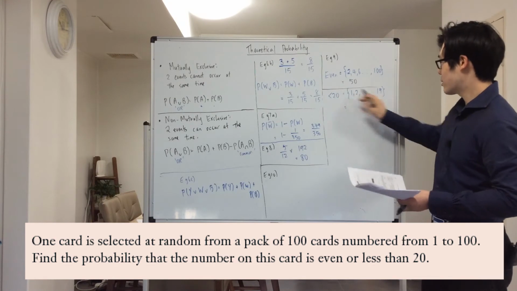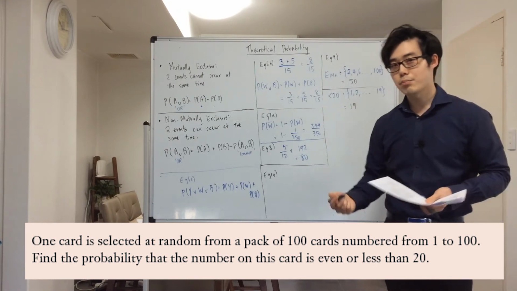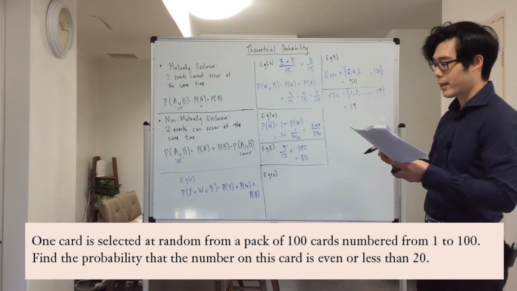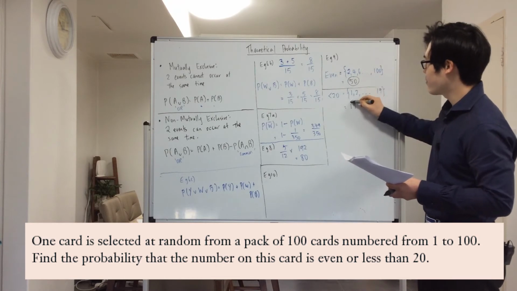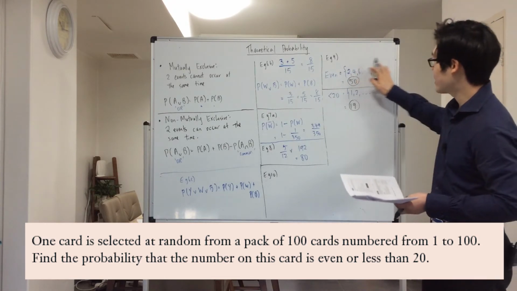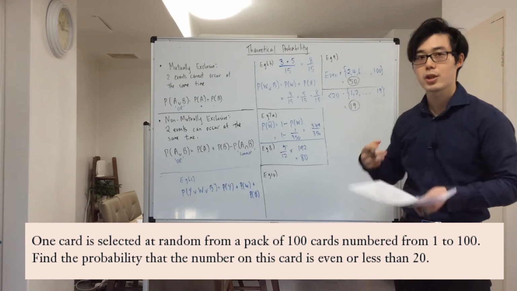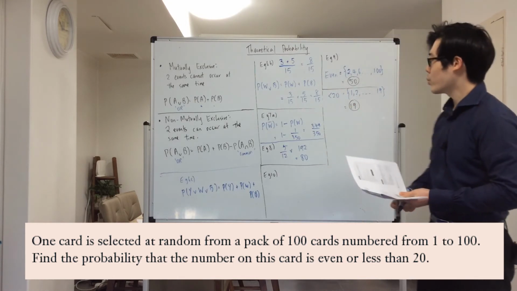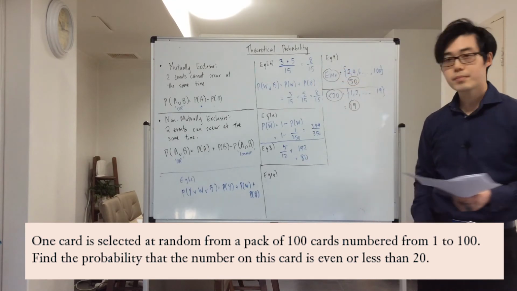And we know there are 19 numbers less than 20. However, the problem is to calculate the probability where I'll select the card that is even or less than 20, I can't just add 50 and 19 because there are numbers that are common to both. So we don't want to add those two numbers because then we're doubling up on some of those numbers. So we need to take away all the numbers that are common between these two.